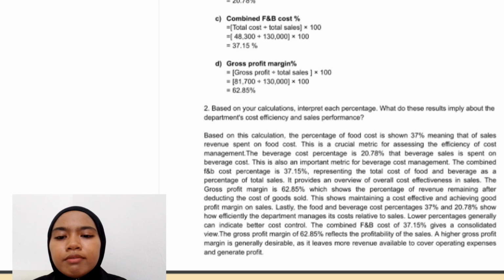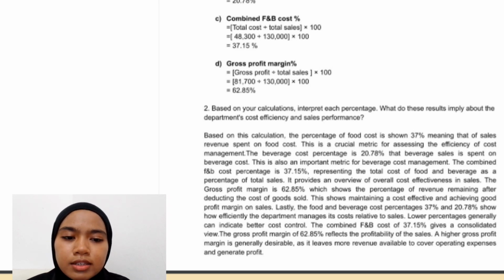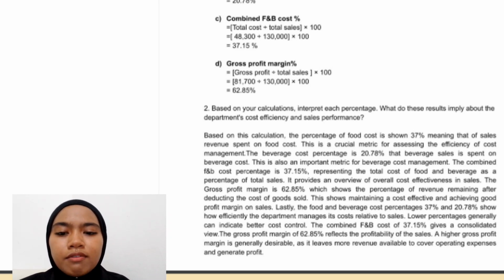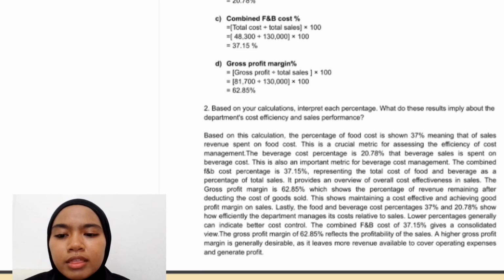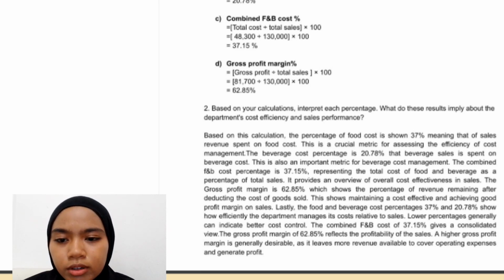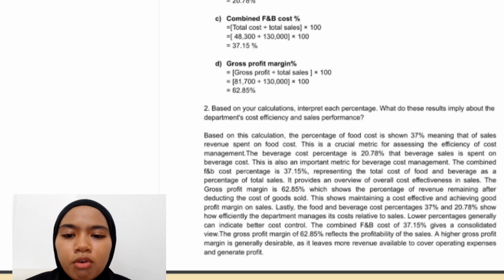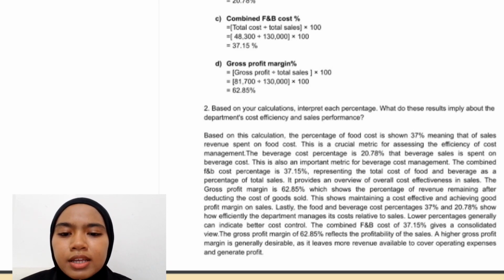Lastly, the food and beverage cost percentages, 37% and 20.78%, show how efficiently the department manages cost relative to sale. A lower percentage generally can indicate better cost control. The combined F&B cost of 37.50% gives a considered view.